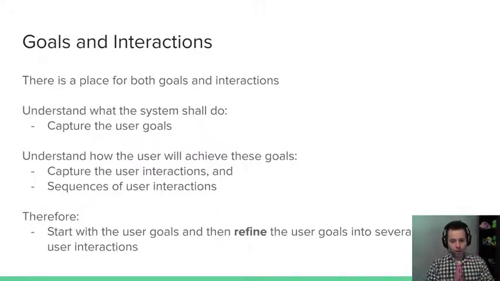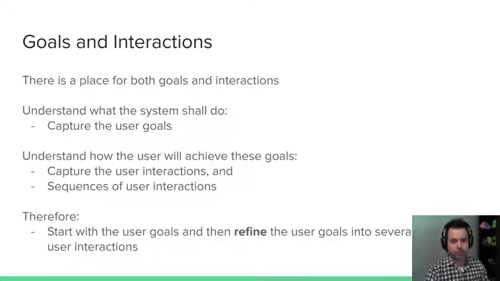So, what do we care about with these goals and interactions? We need to understand what the system's doing so we can capture these goals. Right? If you have no idea what you're doing, you're going to have a very hard time implementing a system. You might say, well, that's common sense, of course. You have to know what you're programming. Well, not everybody knows what they're doing when they set out, right?